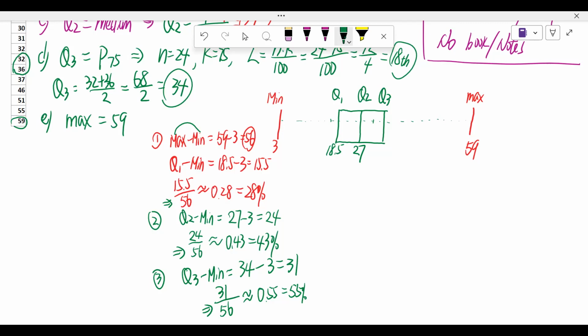So the data set is very skewed. It's skewed to the left because most of the data values are concentrated on the right. You're going to see something like this. This is the skew.